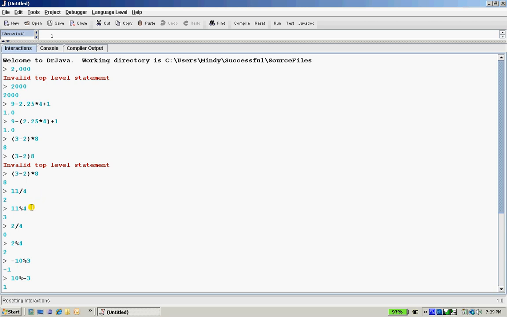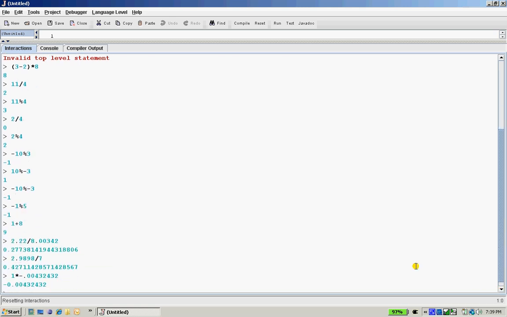We looked at the mod operator, modulus operator that gives you the remainder after integer division. We looked at mixing integers and doubles together and how you get a double for an answer.